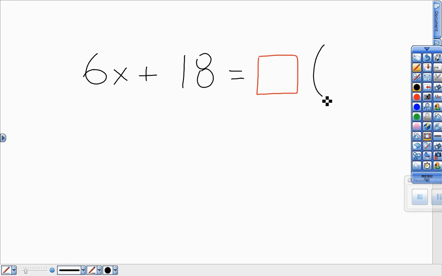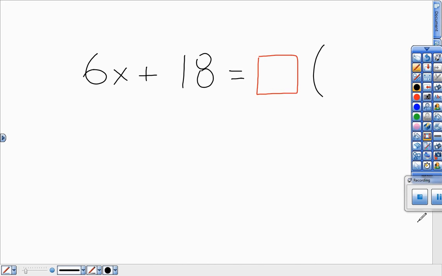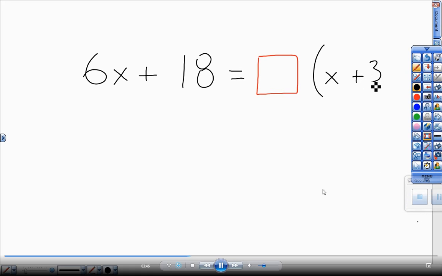And then in parentheses, going to have x plus 3. So for this one, you're trying to find the number that would go right here in this box.